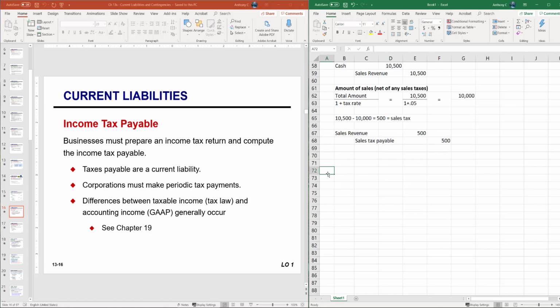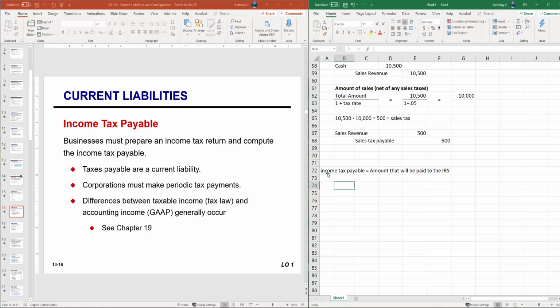Income tax payable is just the taxes we're going to have to remit to the IRS in the near future. It'll generally be from our past year of transactions. So this is the amount that will be paid to the IRS.